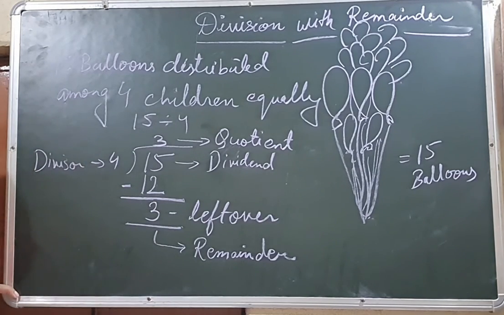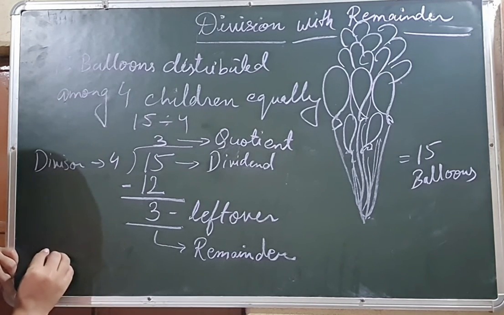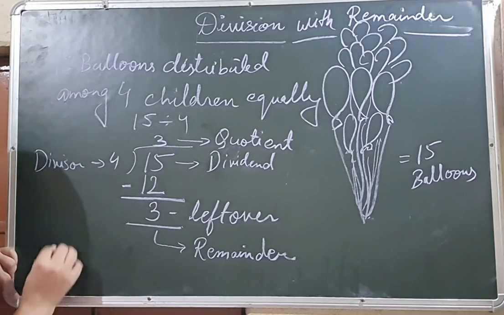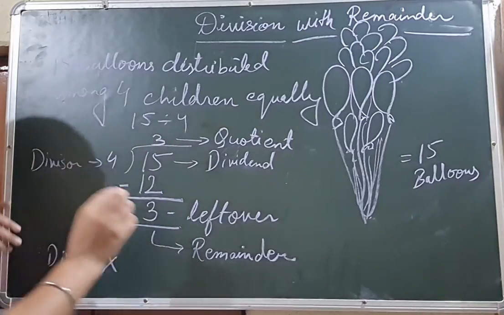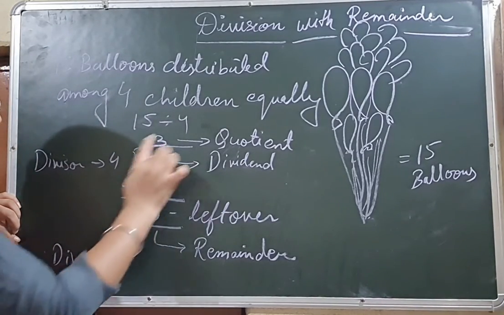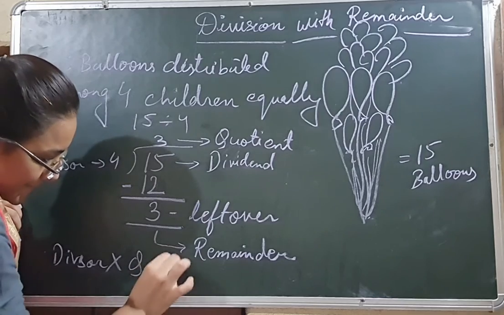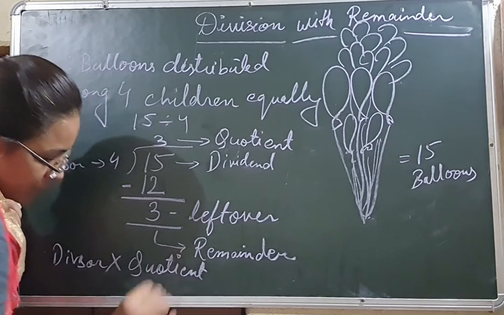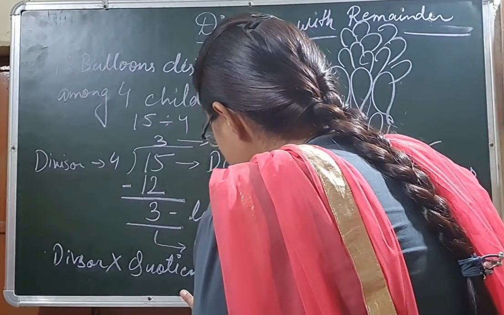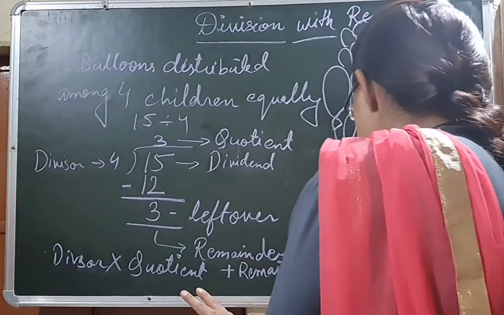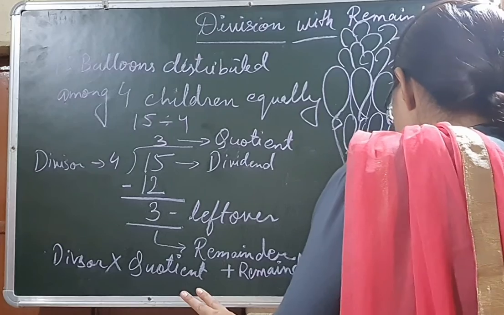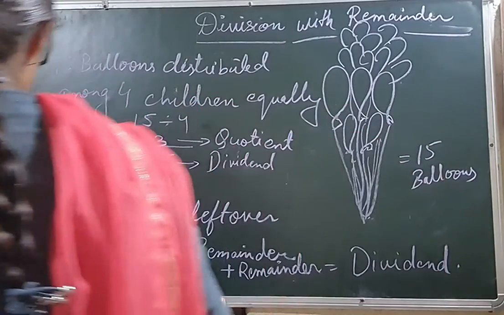That means divisor into quotient plus remainder is equal to the dividend.